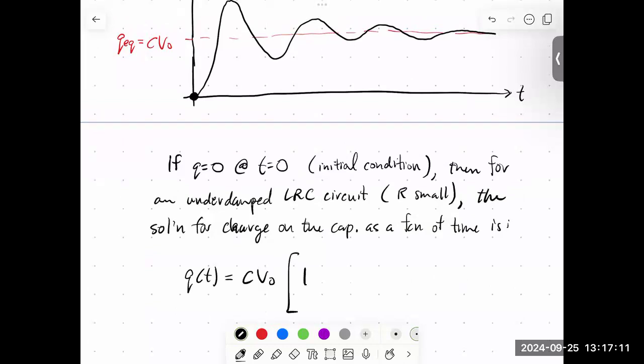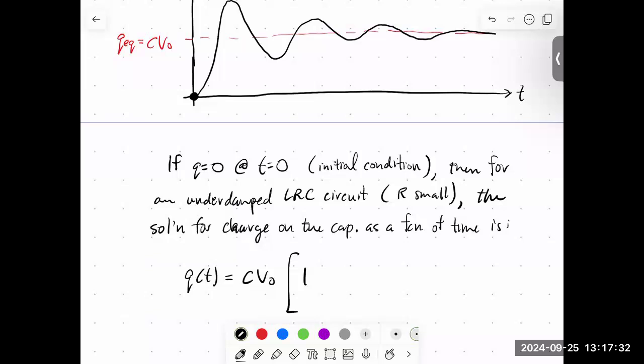So we'll have C V naught times 1, and that's going to be our equilibrium after a long time. I'm going to add something on here that will, after a long time, go to 0. So we have an oscillation here, so we're going to have some kind of trig function.